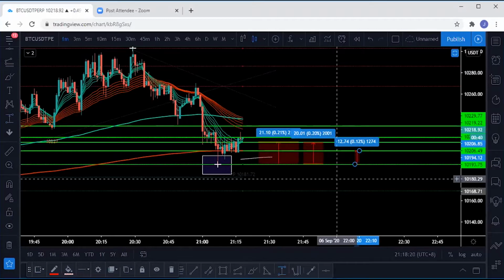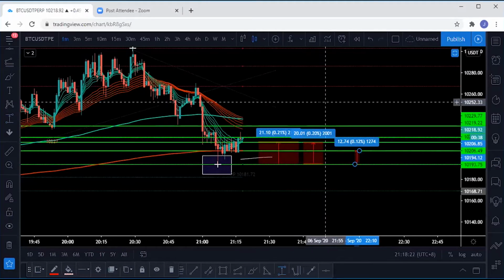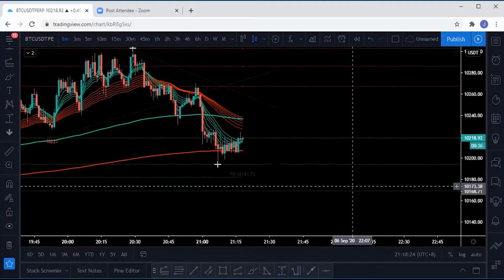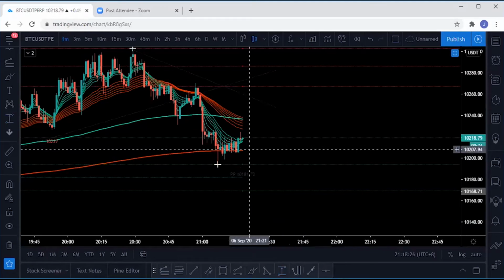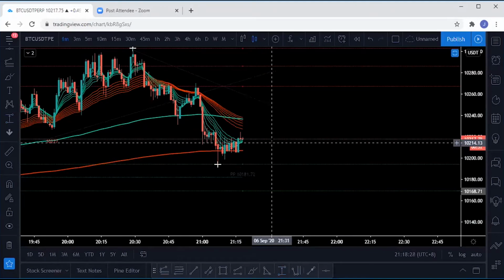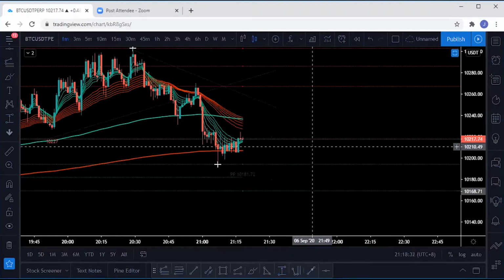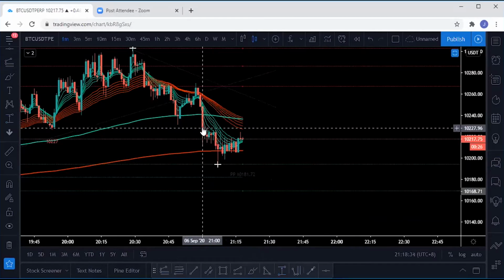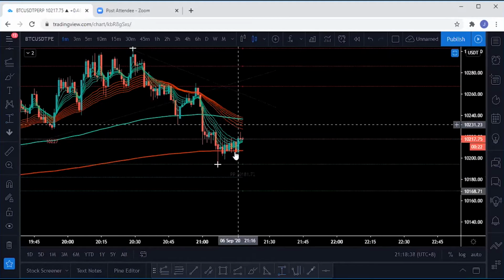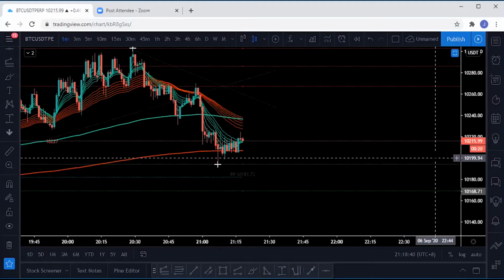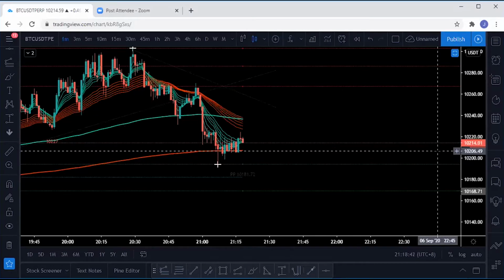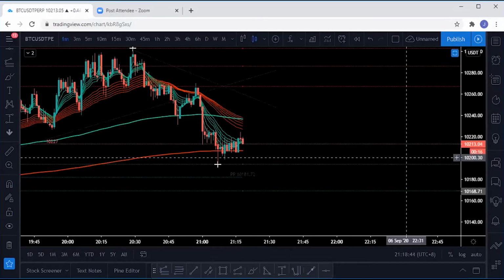Okay, so what is your next TP? Let's remove the drawings. Next TP is your EMA here. Every EMA serves as your support or resistance. So this EMA 200 is your first resistance, so you can exit here.